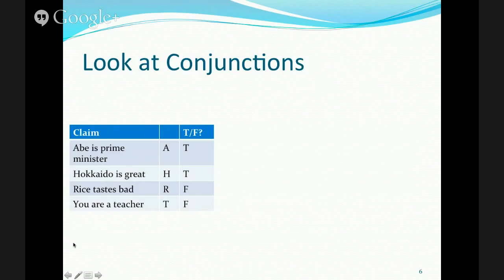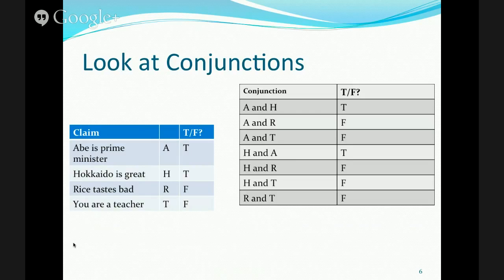Let's look at a couple more. Abe is prime minister. True. Hokkaido is great. True. Rice tastes bad. False. You are a teacher. False. I will just give you a second or two to look. But the basic pattern is anytime that we have something true and something true, it's true. So these two together give us this one. But if we have something true with something false, it becomes false.